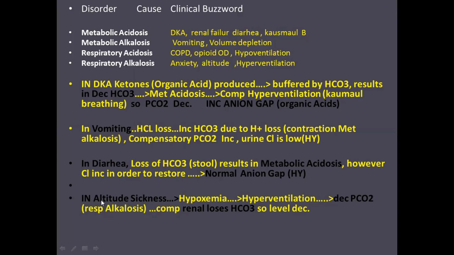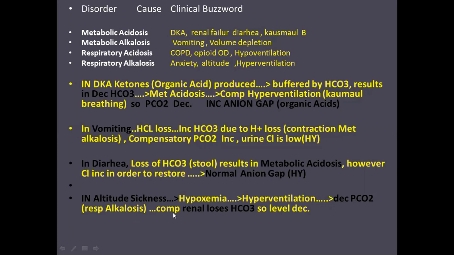And lastly, altitude sickness, a very, very high yield condition. Whenever the person ascends, there is hypoxemia. What will happen in hypoxemia? The body tries to ventilate, so there is hyperventilation. As a result of the hyperventilation, your partial pressure of carbon dioxide decreases. Whenever there is low carbon dioxide, we know that the pathology is alkalosis, so the body has respiratory alkalosis.